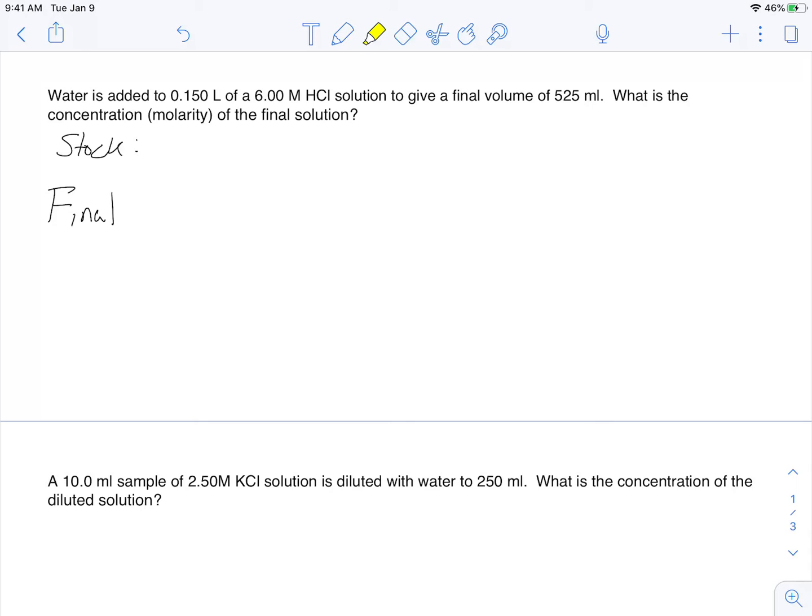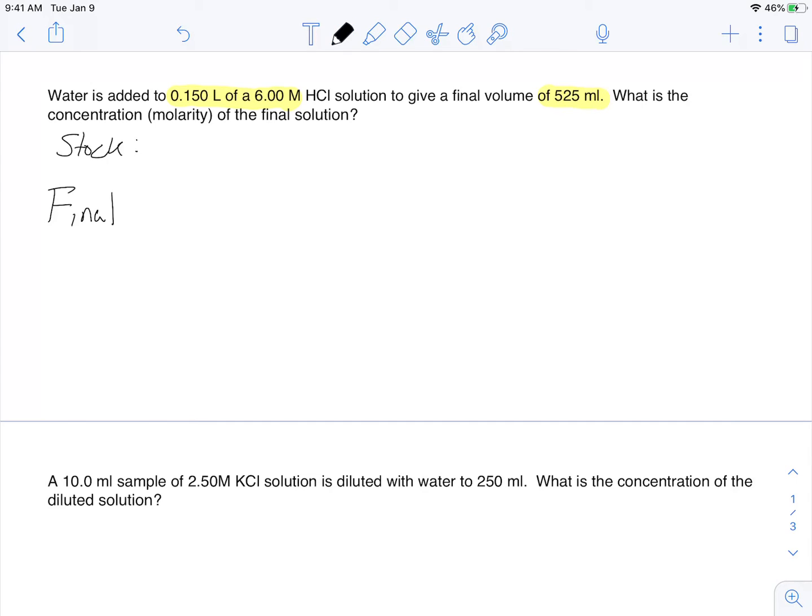So now it says water is added to 0.15 liters of a 6 molar HCl solution. So if I added water to it, that means this was my stock solution. Now I also see an ending volume of 525 milliliters. That'll suggest that's my final solution.